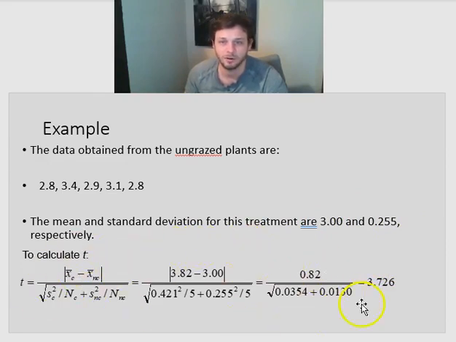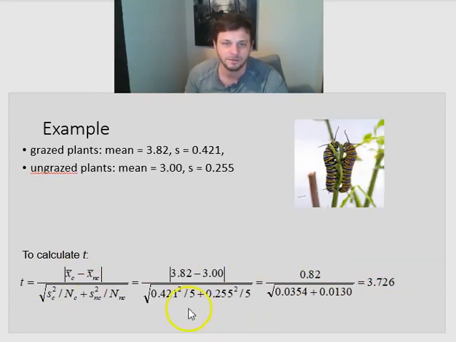We go down here to our formula. Let's just move over here. So here we can see our means and our standard deviation. So mean of the grazed plants minus the mean of the ungrazed plants. You're going to take the absolute value of that, which means it's always going to be a positive number. And you end up with 0.82. So we could flip this.